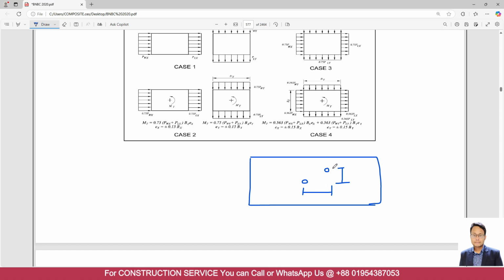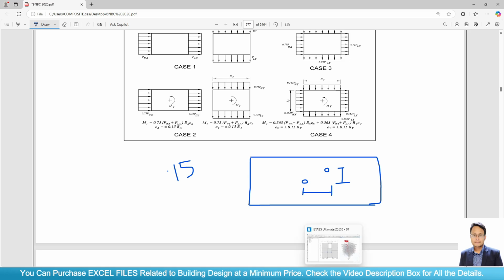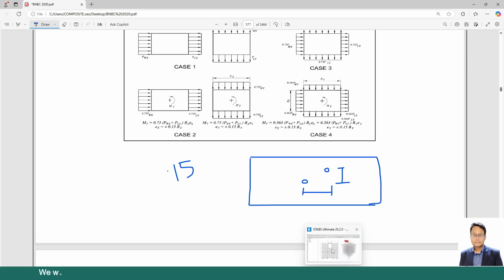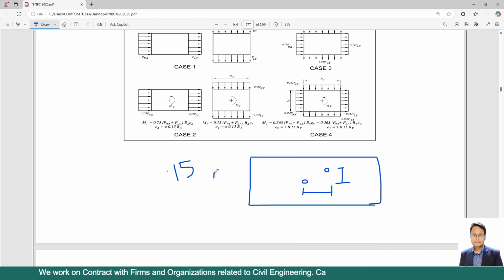This difference is considered as the eccentricity, and the highest accepted value is 0.15. This is a regular structure, so I will not check the eccentricity. In some other tutorial, I will discuss this issue more elaborately, but for this structure, I feel there is no necessity to calculate the eccentricity manually. Here I will take 0.15, which is the highest acceptable value.